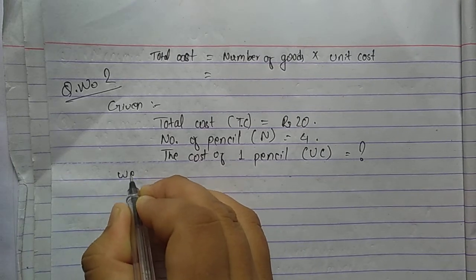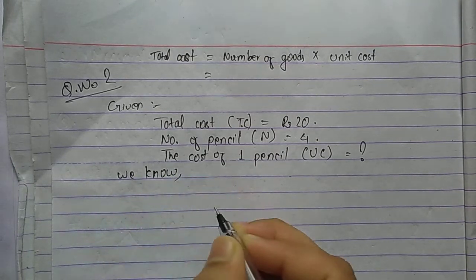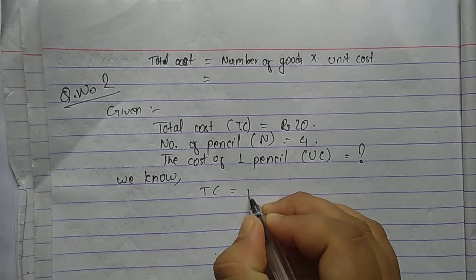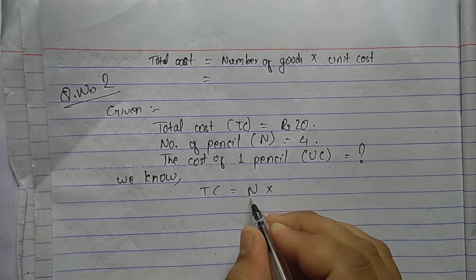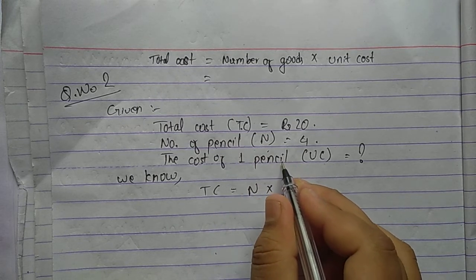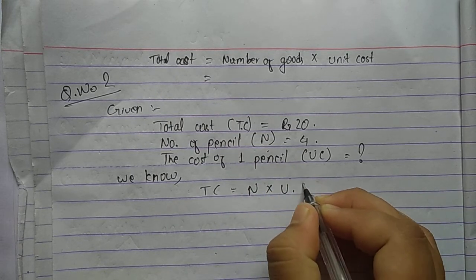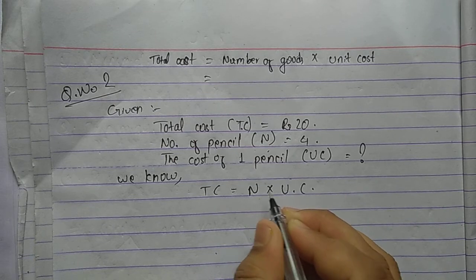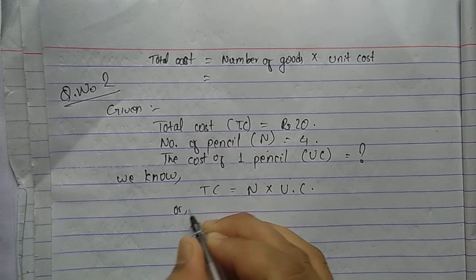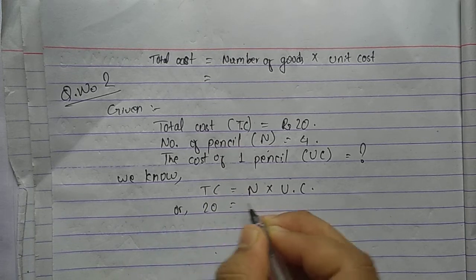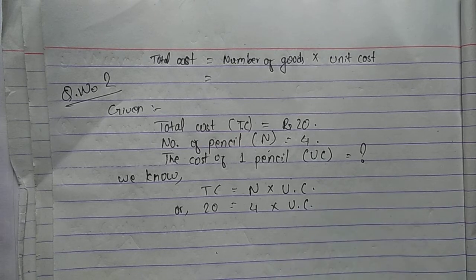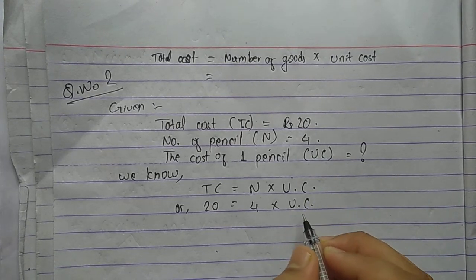We know the formula, TC means total cost. TC equals number of goods, that we denoted as N, into the cost of pencil, that is UC. So TC equals N into UC. So now what we'll be doing? The total cost we know is 20. N is 4 into UC, because we need to find out this UC.